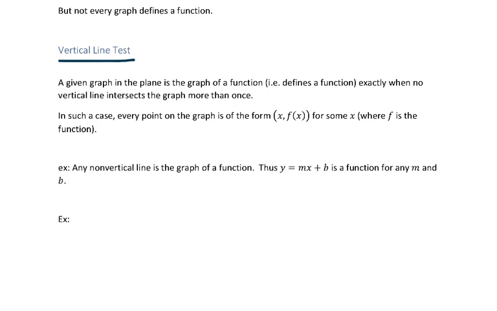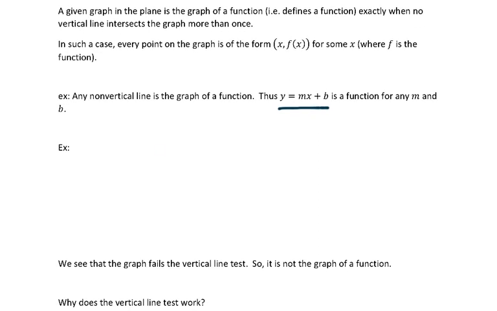And when a graph does pass the vertical line test, it does define a function because every point you could think of as looking like this, where f is the function, of course. So in particular, any line that's not vertical is the graph of a function. We know it's the graph of something of this form. So we can use that to define a function.